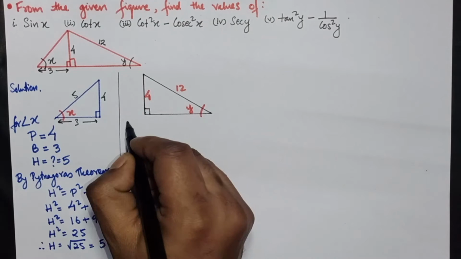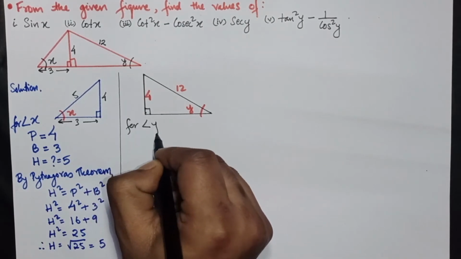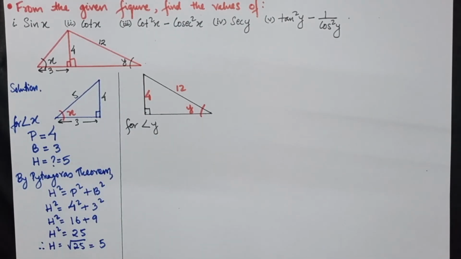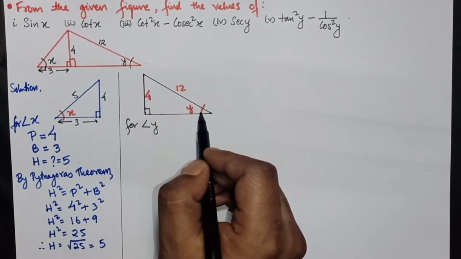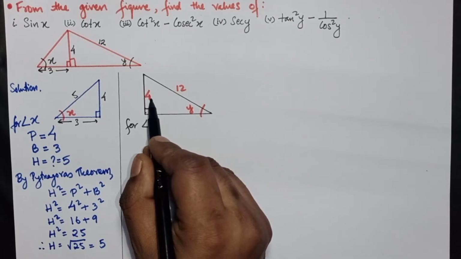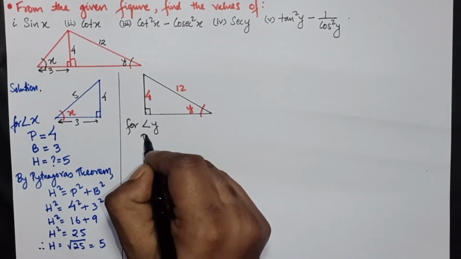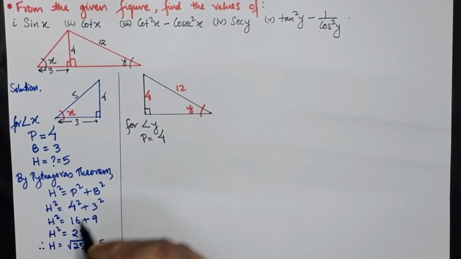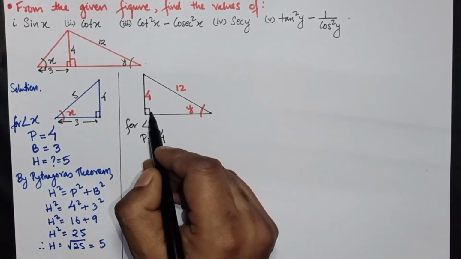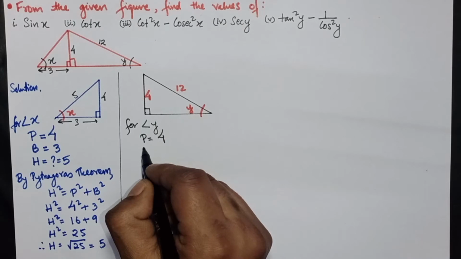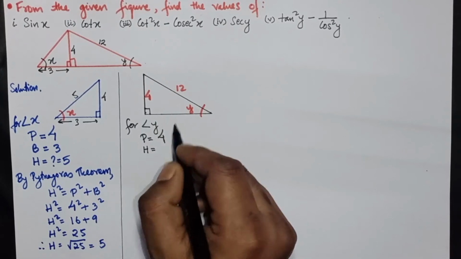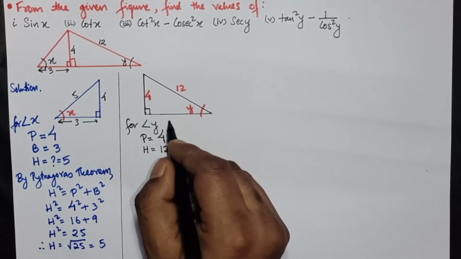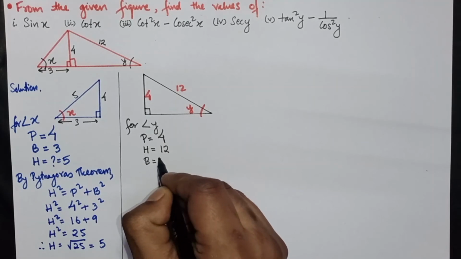If you write this way, it will be easy. So for angle y, opposite of the angle is always your perpendicular. Perpendicular is my 4, and the 90 degree opposite is always your hypotenuse. Hypotenuse is 12, and base I don't know, so base will be a question mark.